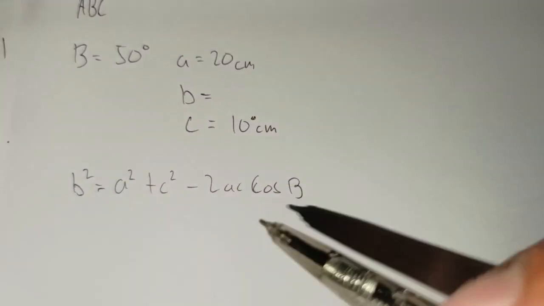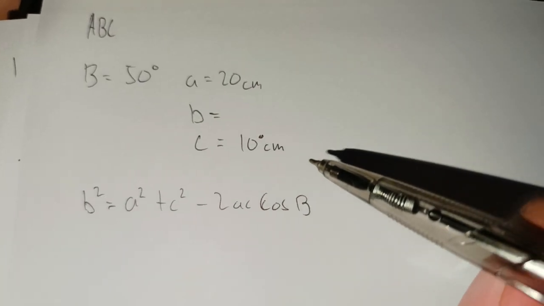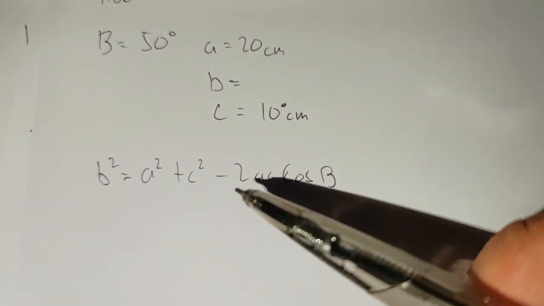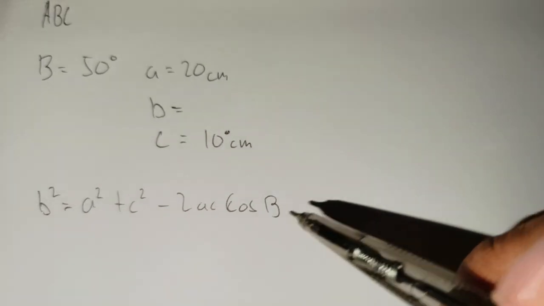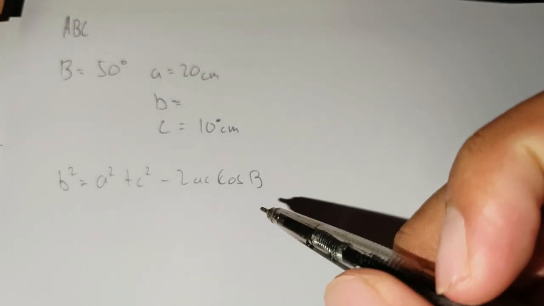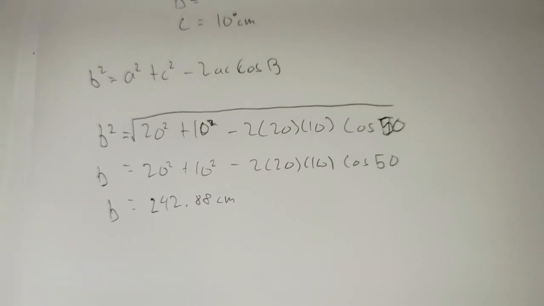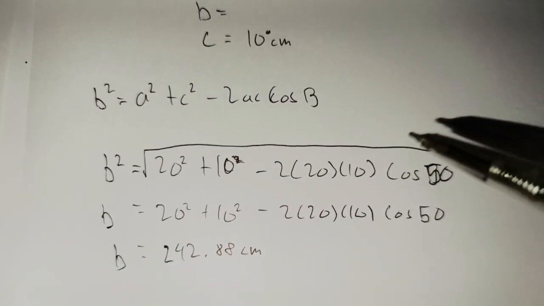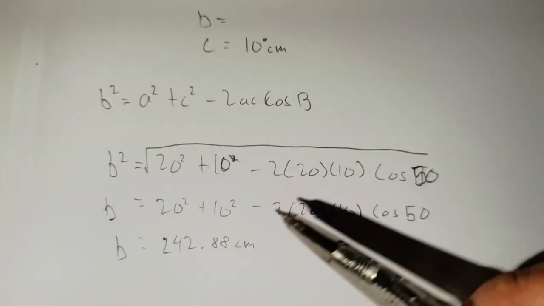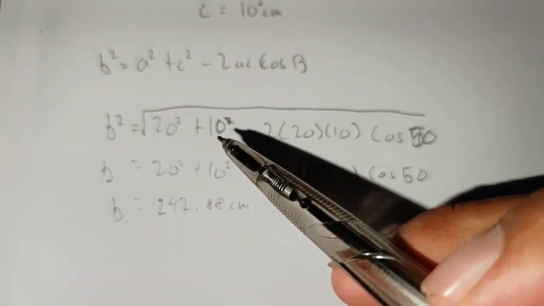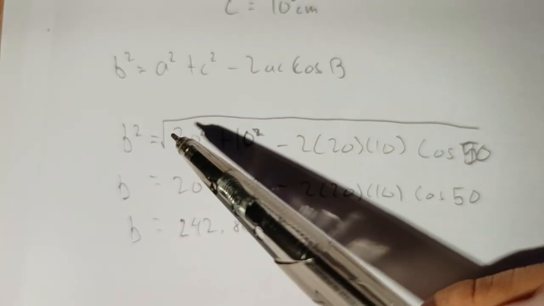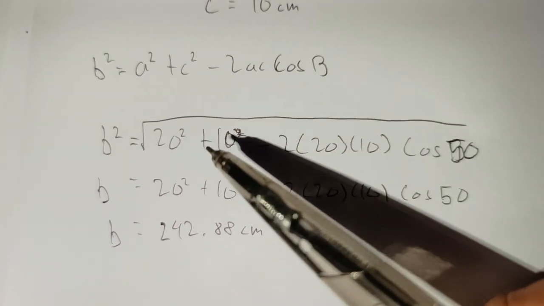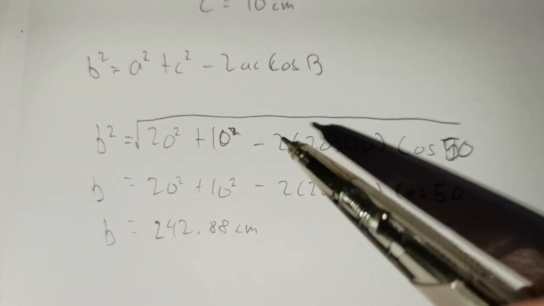For the process, we need to use the law of cosines, where b squared equals a squared plus c squared minus 2ac cosine B. To solve for b, we substitute the values into this, where b squared equals 20 squared, and so on.